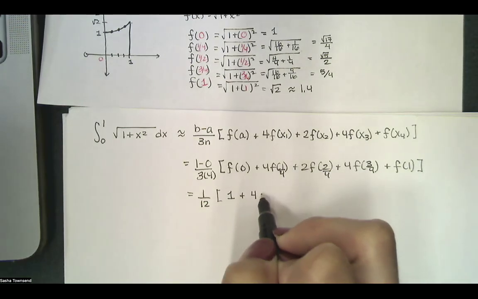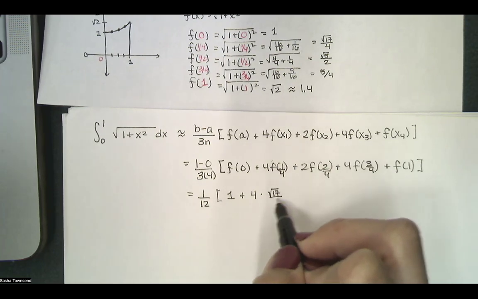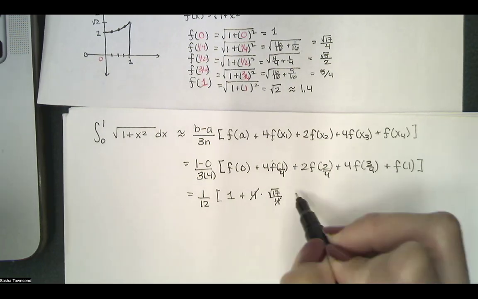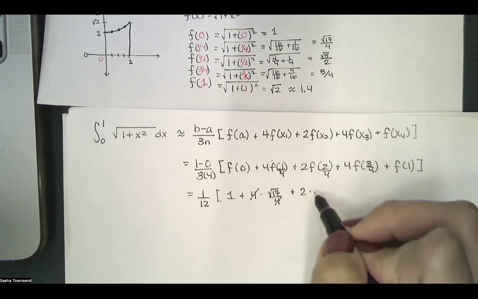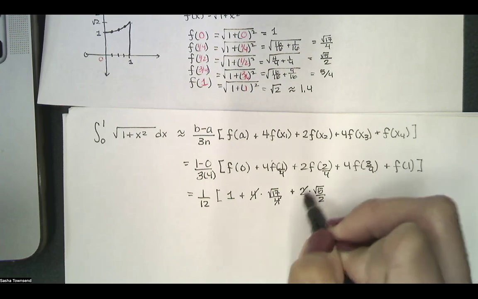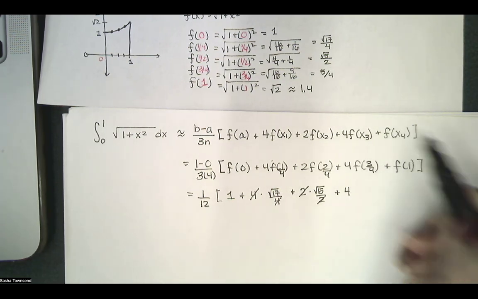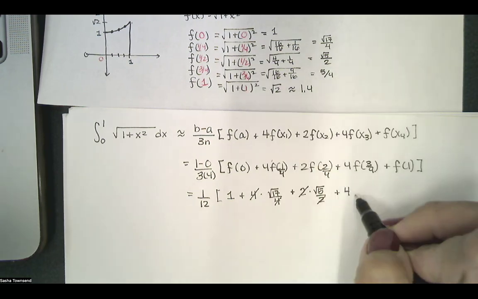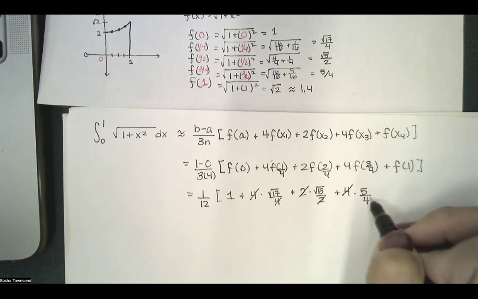And then we're adding 4 times the function value at 1/4, which was the square root of 17 divided by 4. So the 4's reduce. And then we've got 2 times f at 1/2, which was the square root of 5 over 2. The 2's reduce. Then we'll add 4 times f evaluated at 3/4, which is 5/4, so the 4's reduce.